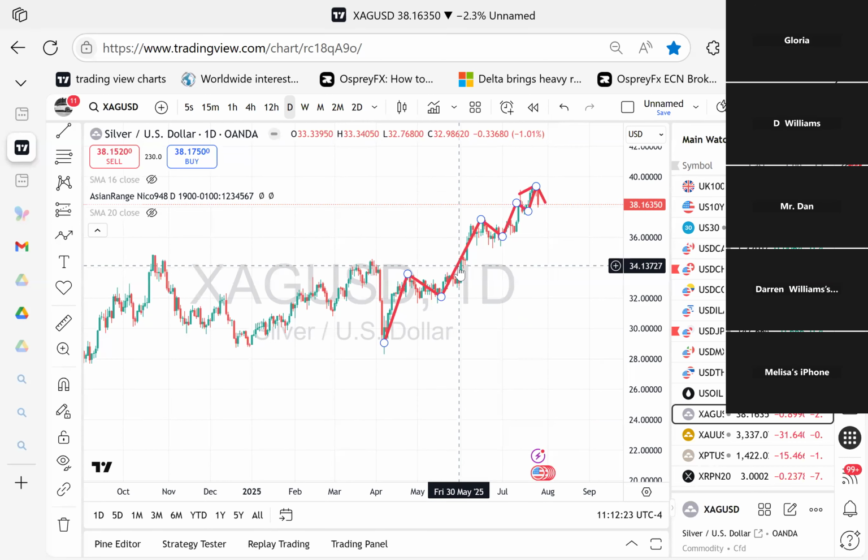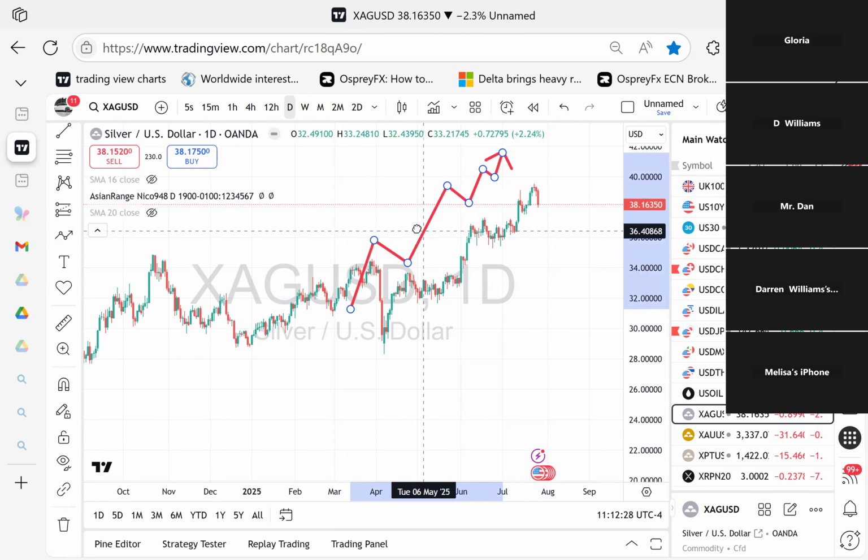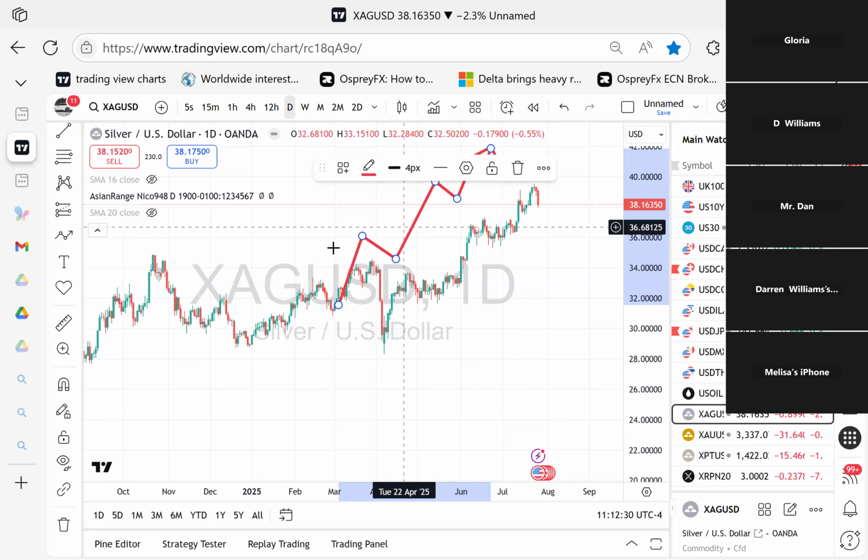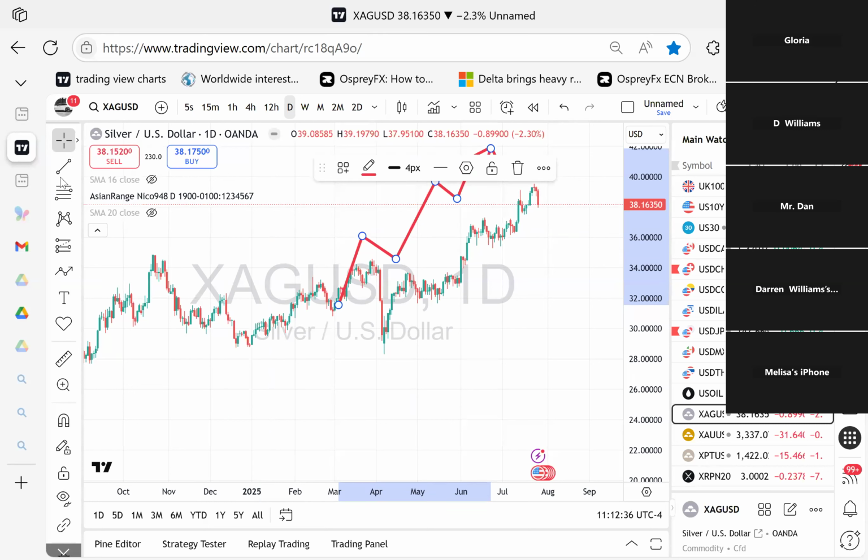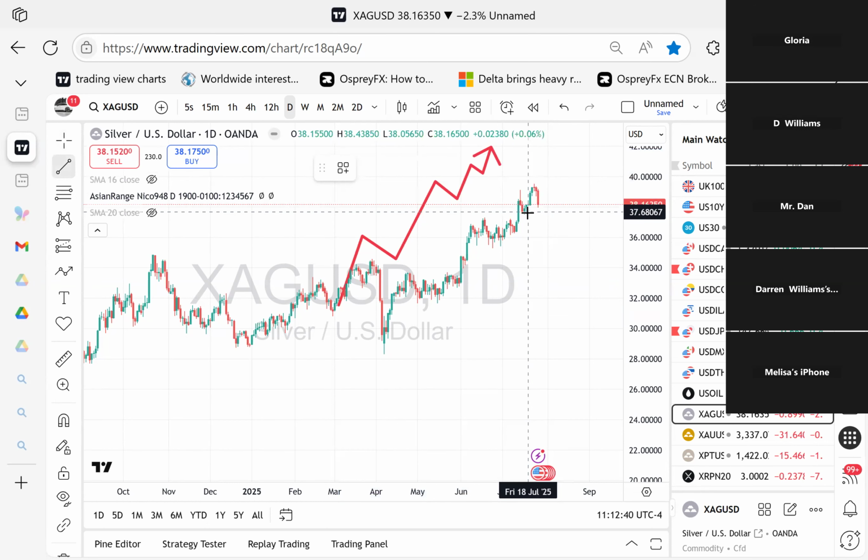Okay, so this is where we can actually start planning for a trade, right? If you're going to take your trades off this daily time frame, this is my daily swing low. Do y'all agree?